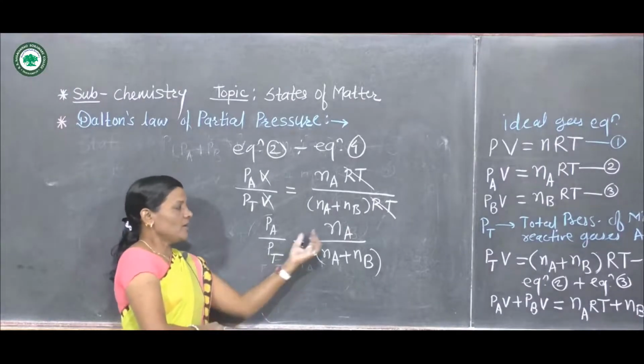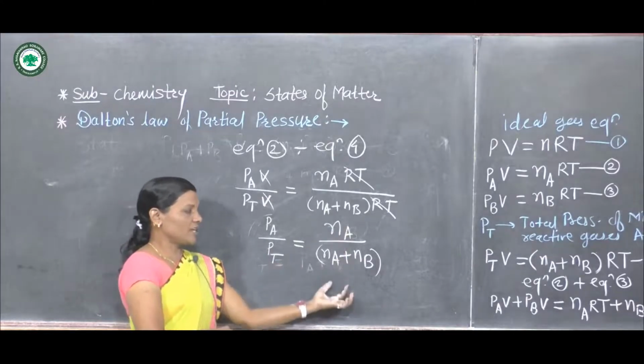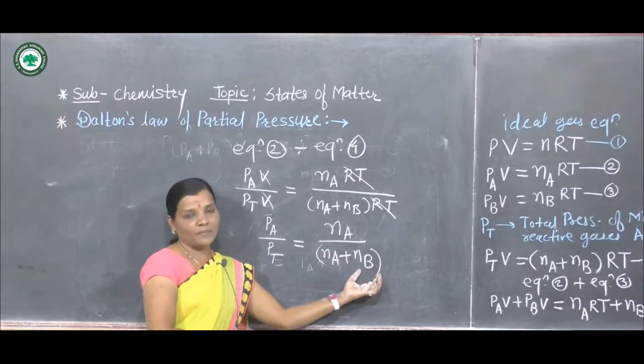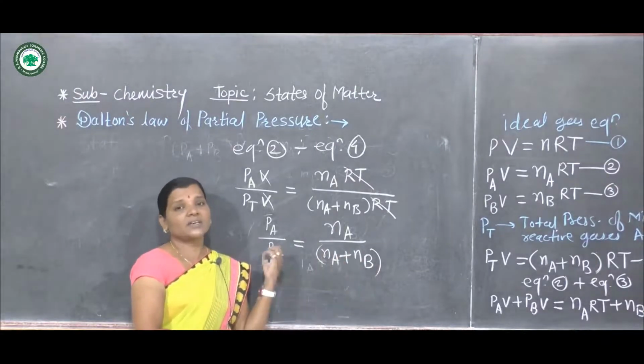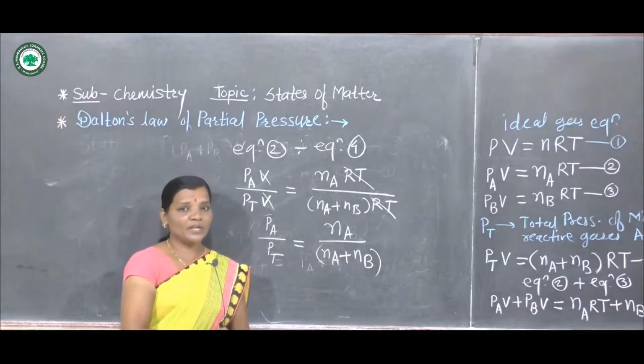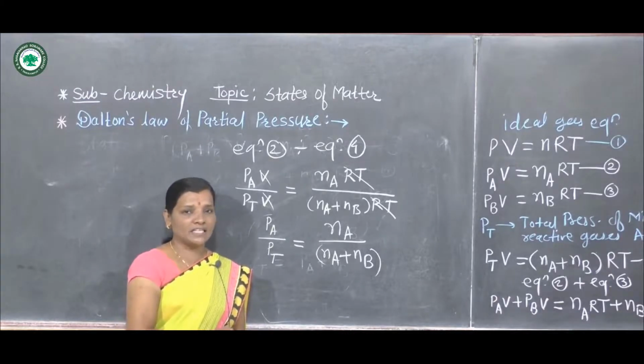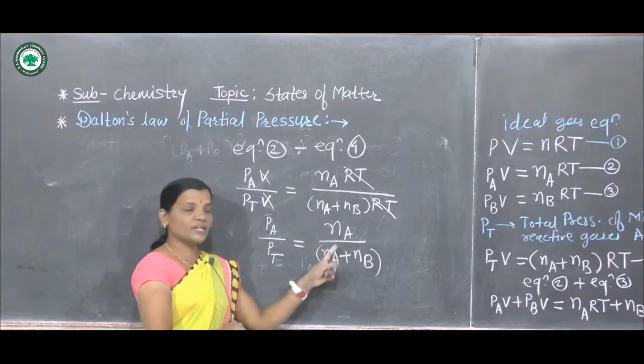So here we have to consider now this ratio NA divided by NA plus NB. The mixture considered in a container is a binary mixture. Binary means only two gases are present, gas A and gas B. So what is this ratio?